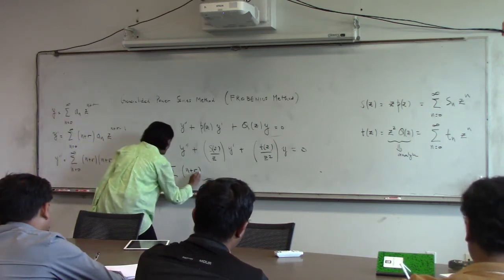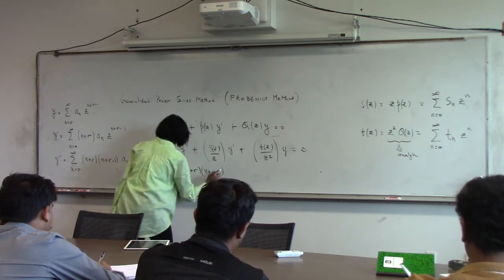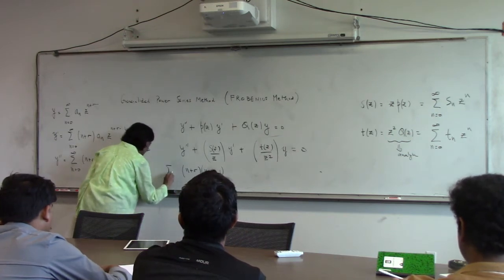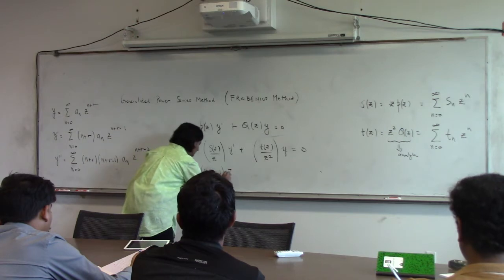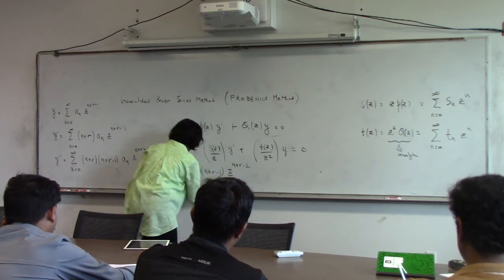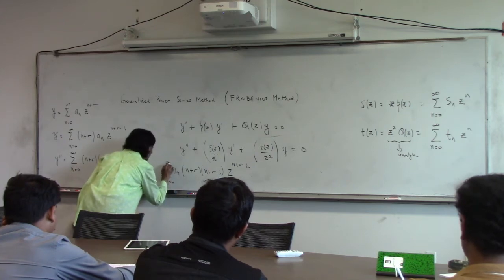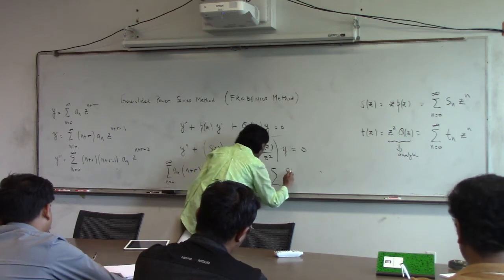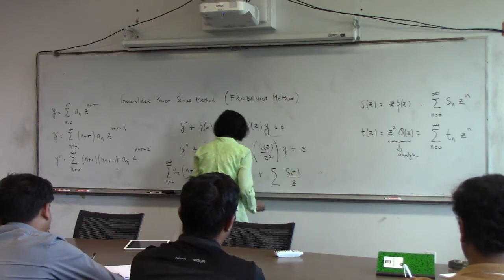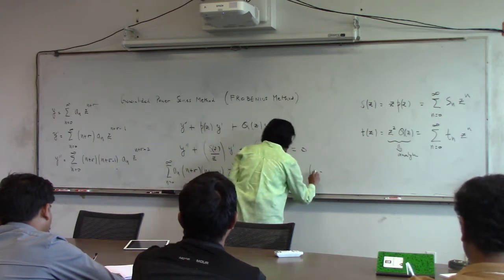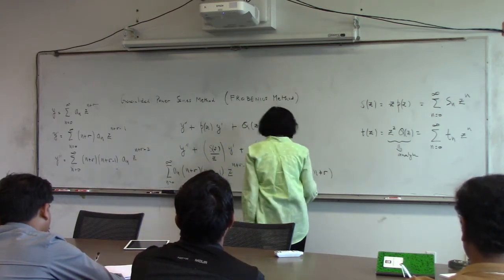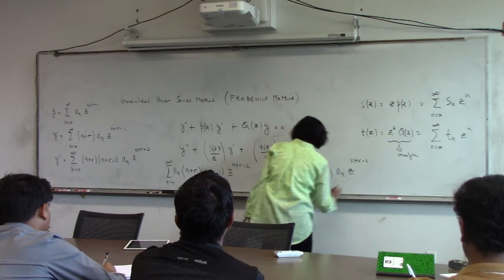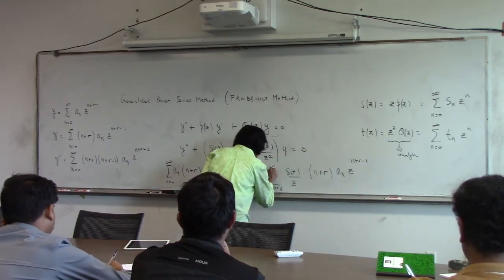The sum of a sub n, (n plus sigma), (n plus sigma minus 1), z to the power of n plus sigma minus 2, plus s of z over z, y prime is there, the sum of (n plus sigma) a sub n z to the power of n plus sigma minus 1, n going from 0 to infinity.